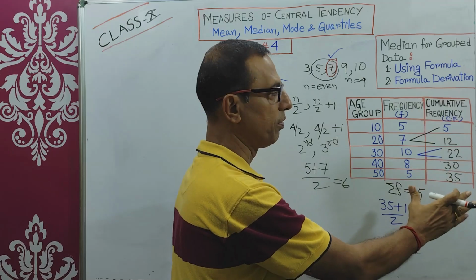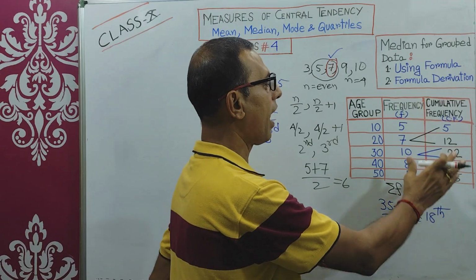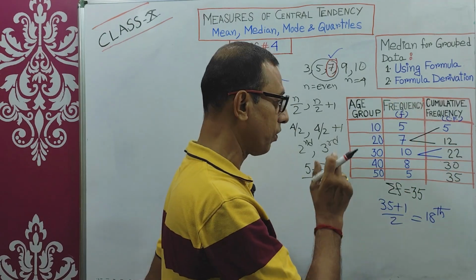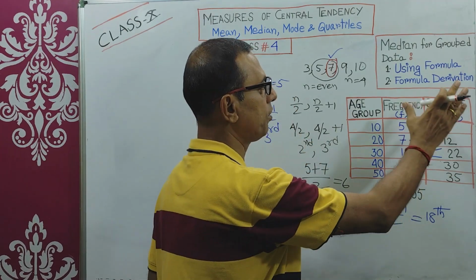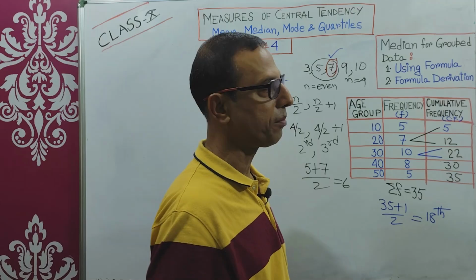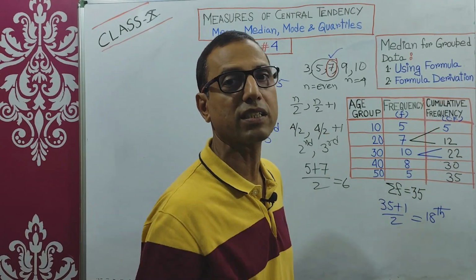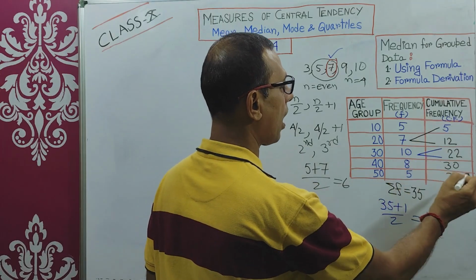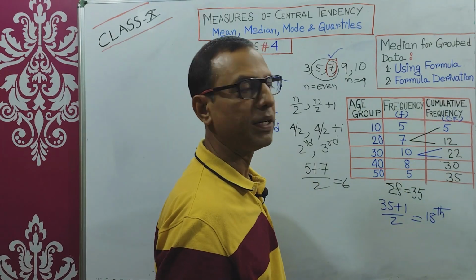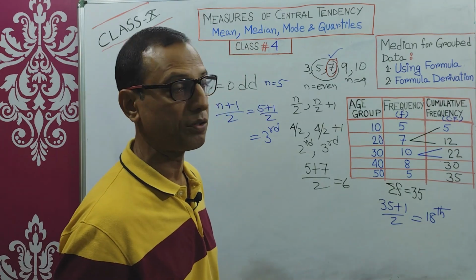Either you can fill up the cumulative frequency column also, otherwise you can just look into this. But what I will suggest, for grouped data at least, you need to find out the cumulative frequency, because that will be very much useful for the next level of calculation, right? So this is how you need to find out the median for the ungrouped data or the discontinuous data.